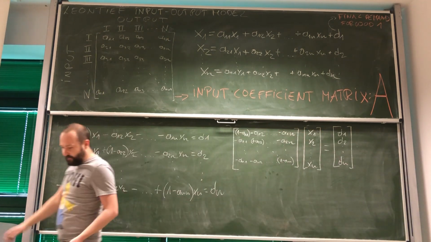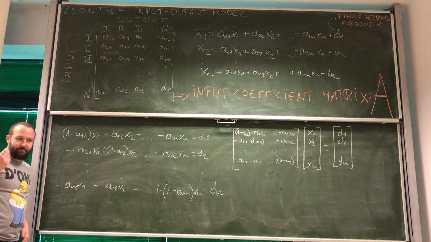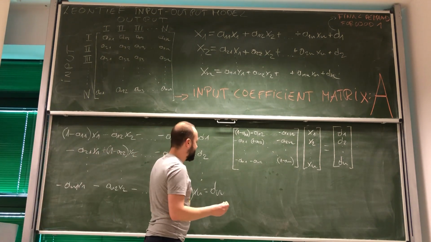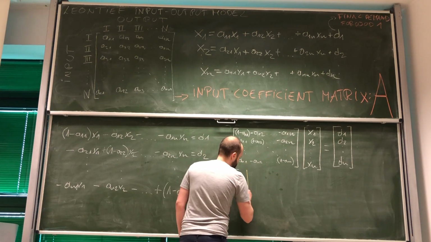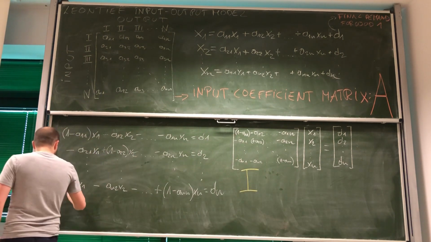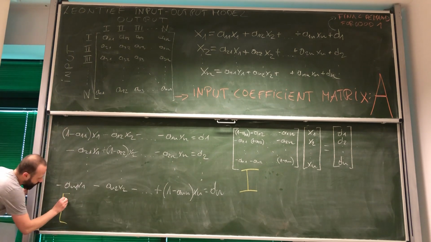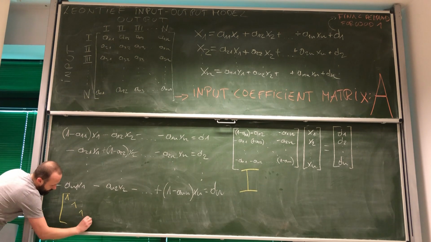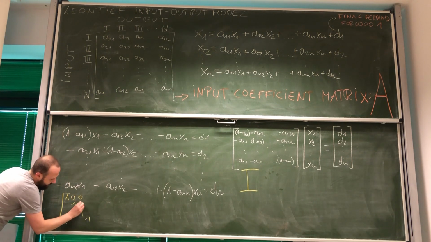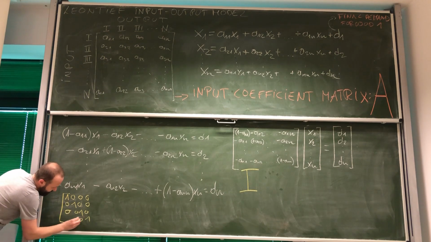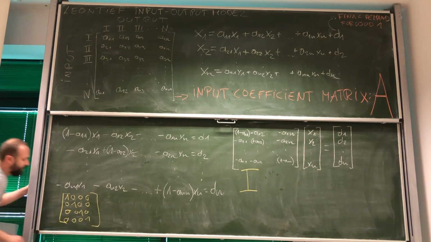If you paid attention in matrix algebra, you know that we could get this if we took the identity matrix, the matrix that has 1s on the principal diagonal and 0s everywhere else.